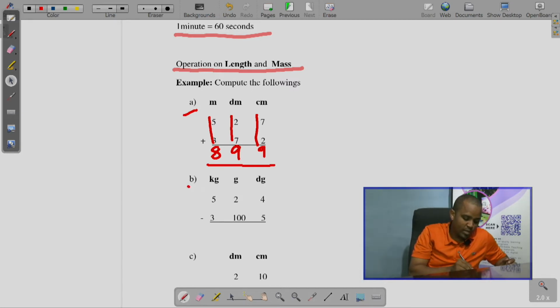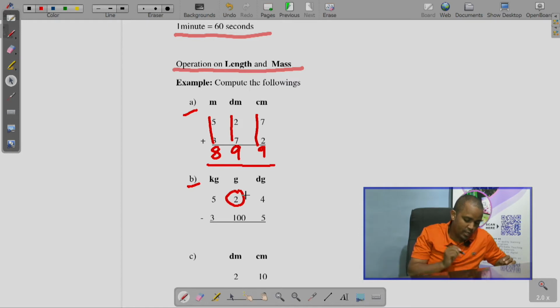Let's move to Roman B, where we are required to perform subtraction. 4 minus 5, you can't subtract 5 from 4, so we should take 1 from this part.